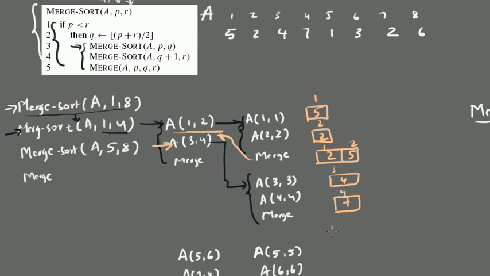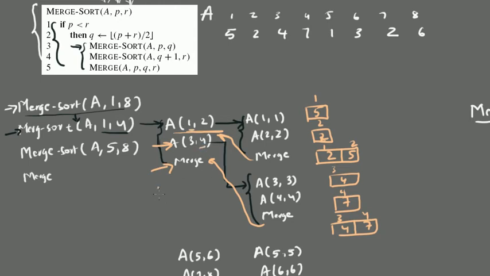So when you merge 3 and 4, you got 4 and 7, and then you return the call. After this, you return the call to this, which now merge is executed on 1 to 4.